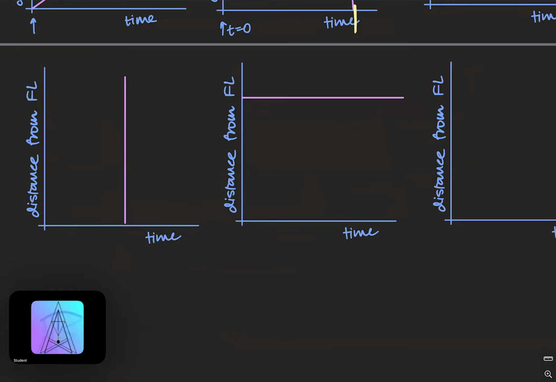Is it some non-zero distance away, right? Only at this point, it is some non-zero distance away from the finish line, right? And then what about only at this point?